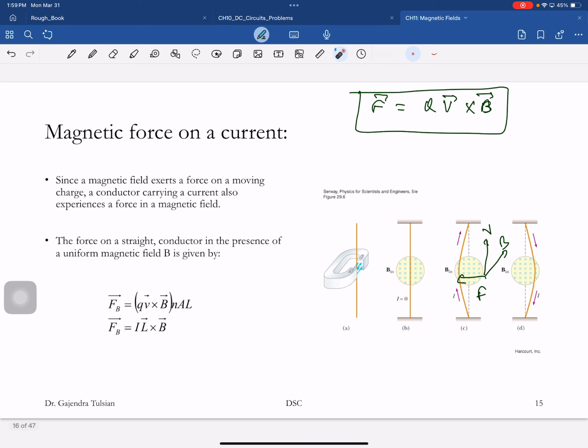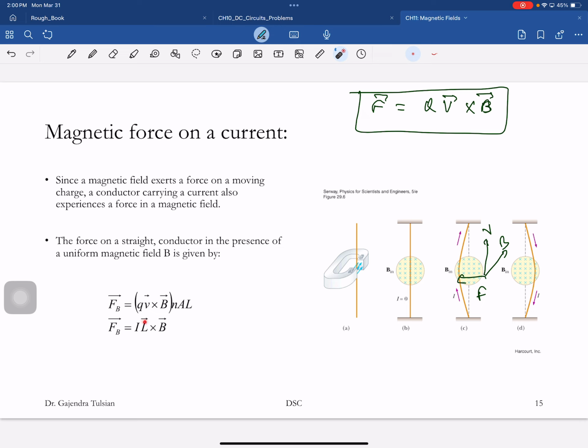This is the force on a single charge, and that's the number of free charges per unit volume, and that's the area of cross-section of the wire times the length of the wire. That's the volume of the wire, so that's how many charges are moving. That's the force on each charge, and the net force on the wire is the sum of all that. So the force is I, the current in the wire, times the length of the wire in the magnetic field, given a vector sign.